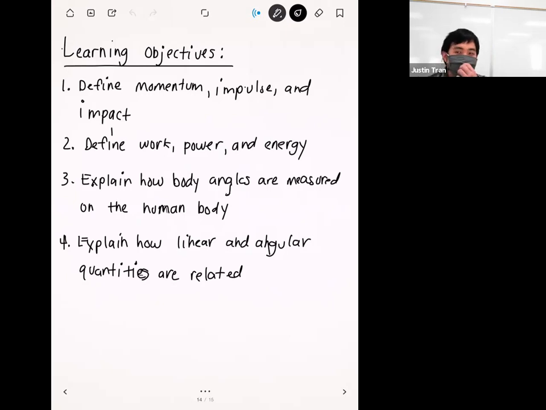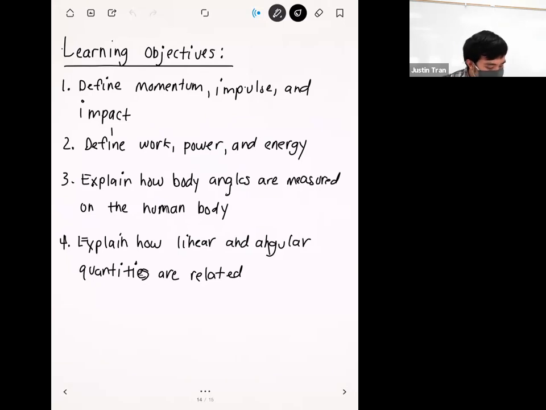Because we are reaching the end of the semester, I'll make the last homework assignment shorter than this one. Are there any other questions I can answer before we get started for today?